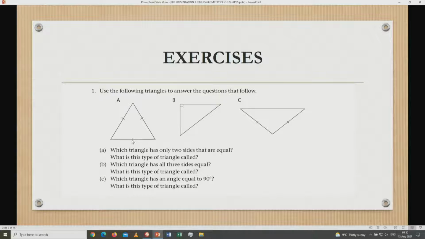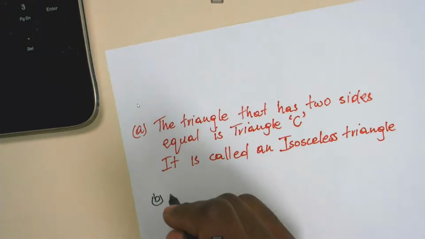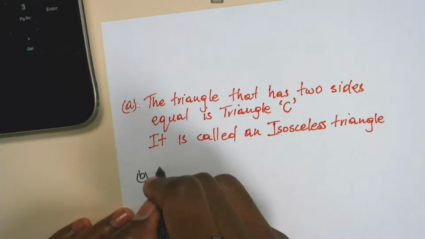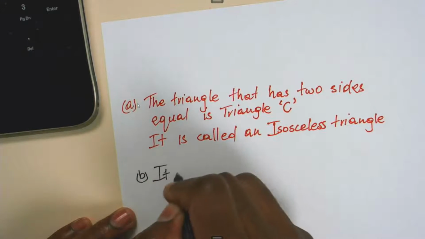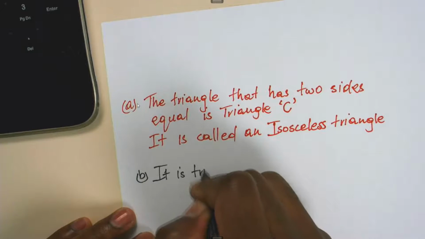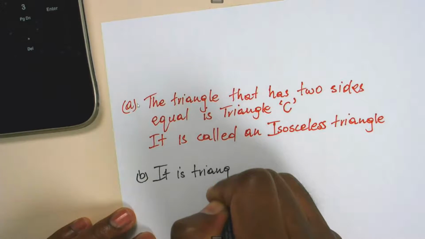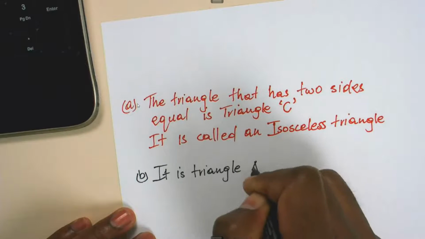And all these 3 sides are what? Are equal. So, yes, you are very correct, guys. It is triangle A. So, we will put it down, say, it is triangle A.